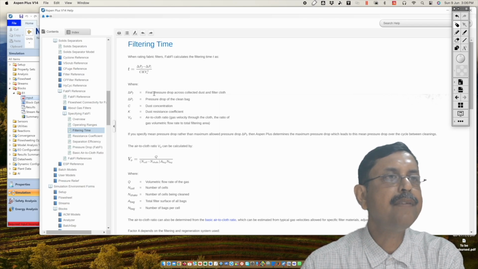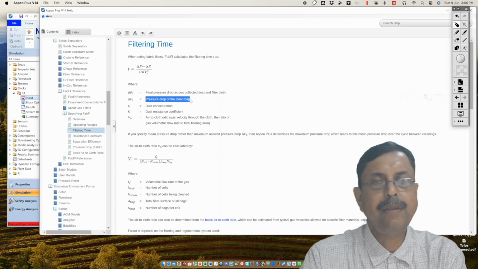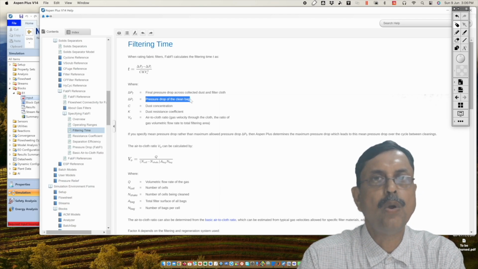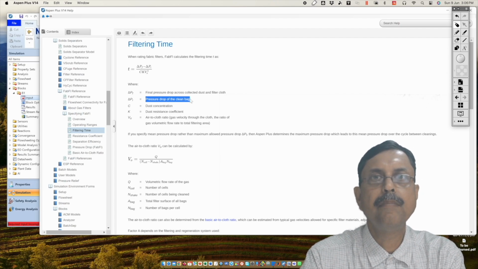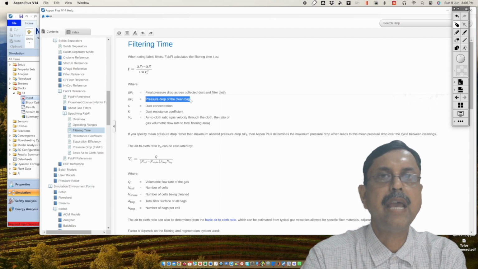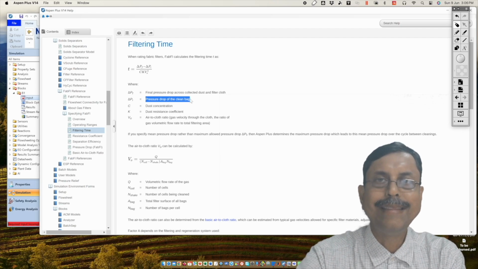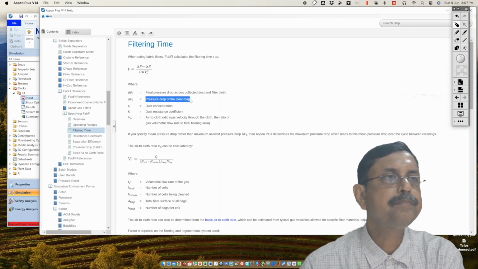Delta PF is the final pressure drop across the collected dust and filter cloth, whereas there is also the pressure drop of the clean bag, because the filtration medium also will have some resistance to the flow of gas. So even the clean bag will have some pressure drop. That is the minimum pressure drop. Even if you do not have any dust material that has covered the filter surface, even then there will be some minimum pressure drop due to the clean bag.